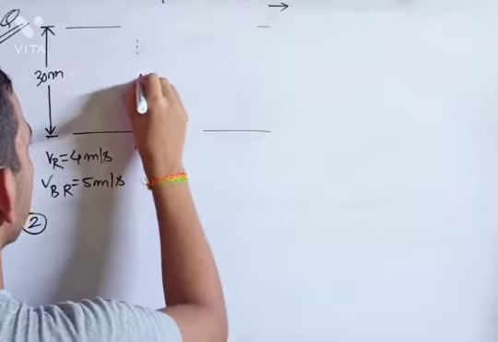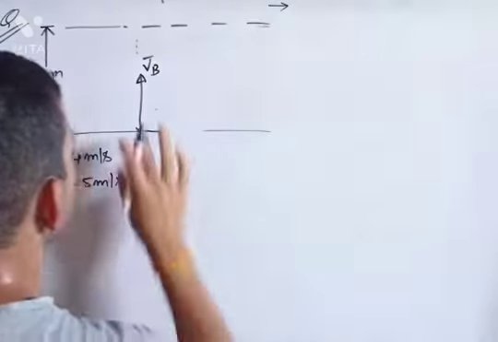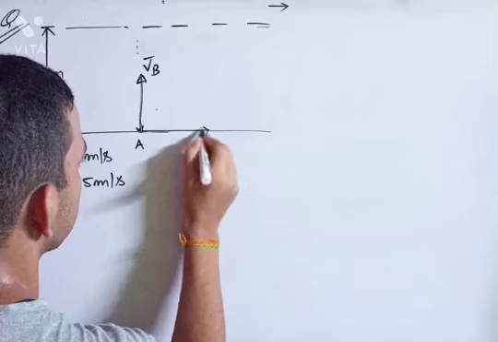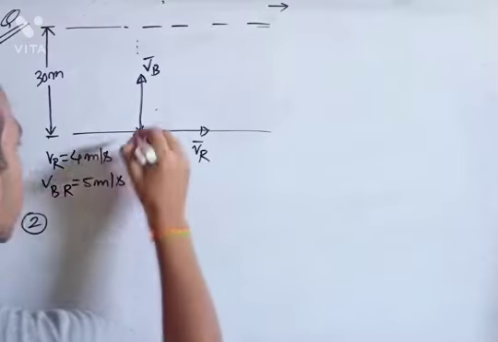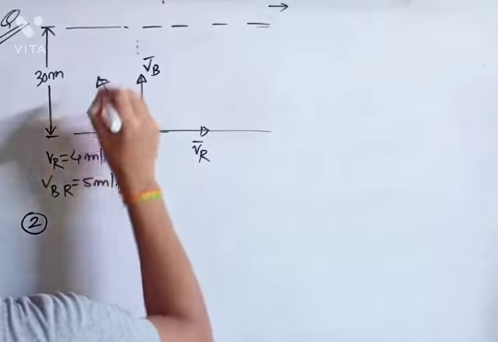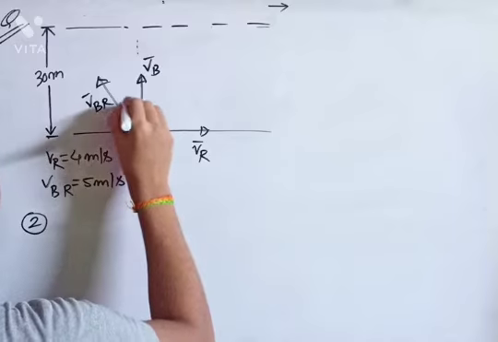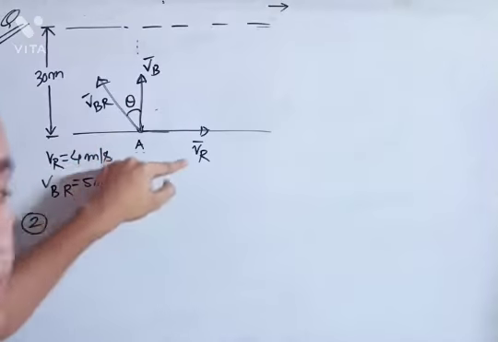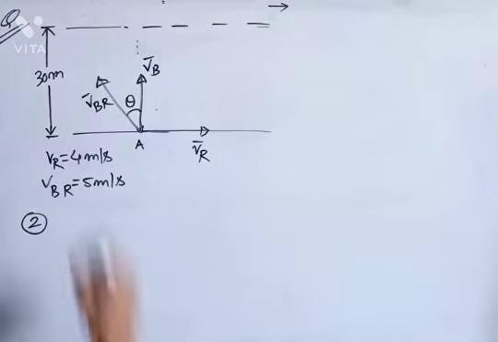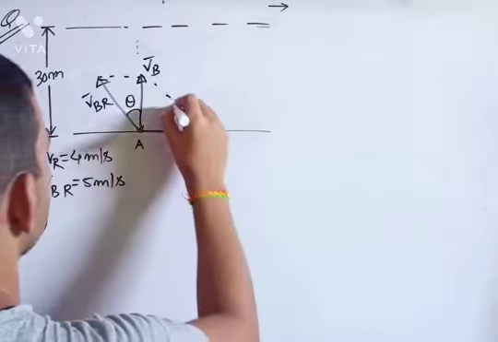Here net velocity will be along this VB vector, and here this is VR vector. That means VBR should be directed along this direction. Suppose this is angle theta, then only the resultant of VBR vector and VR vector will point along VB vector. From parallelogram law of addition we can see.